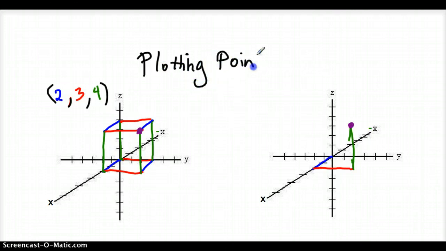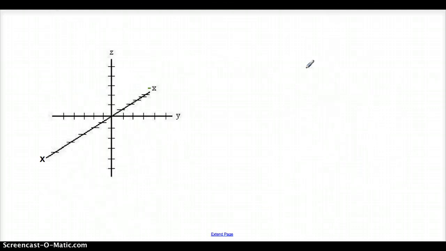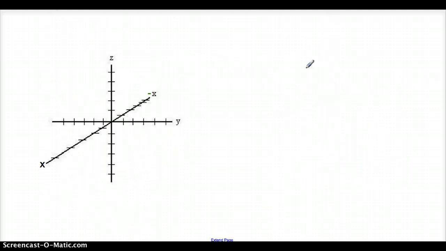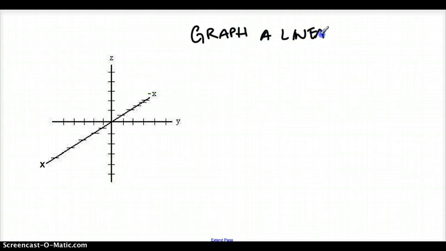Well, now we're going to actually graph a linear equation in 3 dimensions and see how that's different.